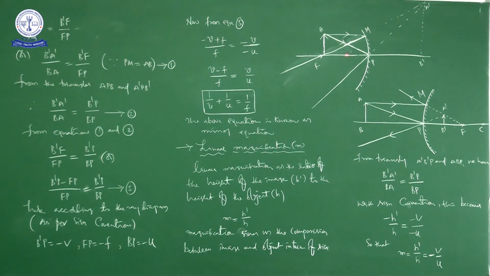Okay, for our convenience, just to show the position of the image, we are taking 2 or 3 rays. So please notice that the formation of the image is not because of 2 or 3 or 4 or 5 rays, it is because of thousands of rays. You have to keep that in mind, but for our convenience we are taking 2 or 3 rays.